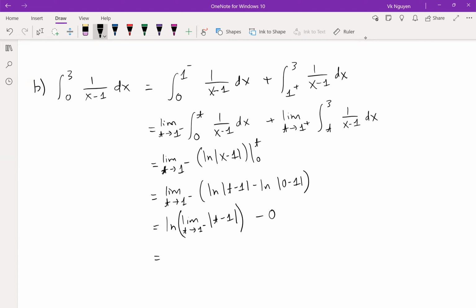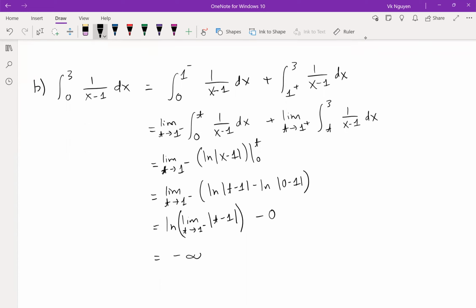And let's take a look at this one here. The limit as t goes to 1 on the left side of absolute value t minus 1. That limit is approaching 0. So ln of a number approaching 0 is, of course, approaching negative infinity.